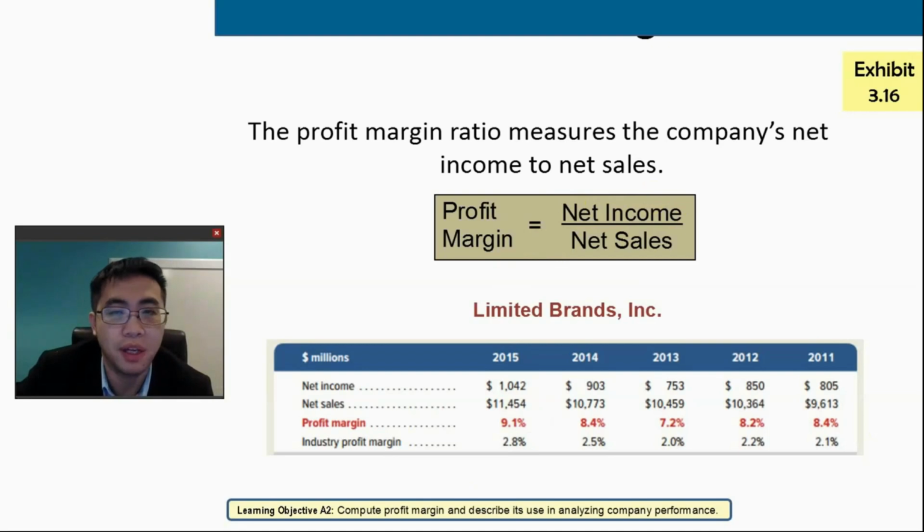You see that certain companies operate at different levels. Some companies' sales would be in billions of dollars and some just in millions of dollars. If you just compare the dollar figures, it's not an apple-to-apple comparison. So that's why you need to convert into a percentage by using net income divided by net sales.